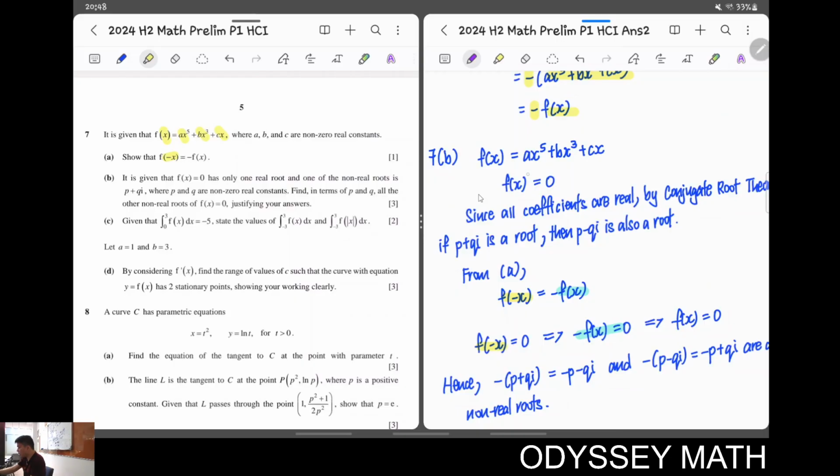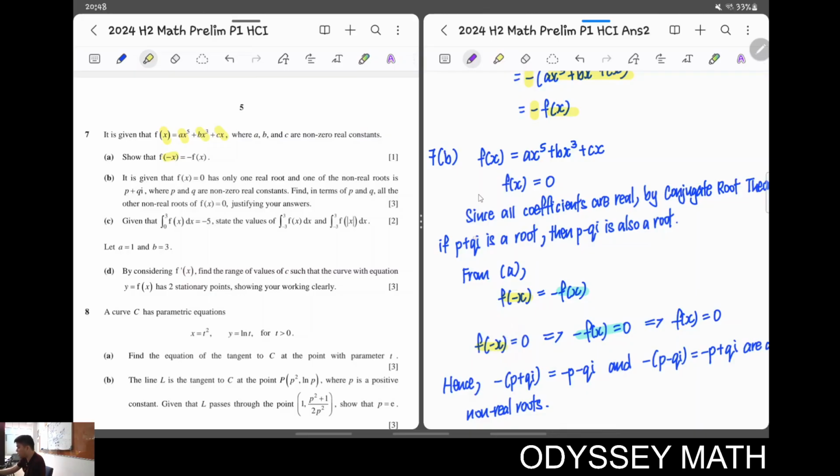So originally when f(x) equals to 0, I know that when x equals to p plus qi and p minus qi, I will get right hand side to be 0. That's the definition of root, right? And I also know that f(x) equals to 0 is the same thing as f(-x) equals to 0. So all I have to do is to replace the x here with minus x, and the roots will still be valid in the sense that that will also be the root as well.